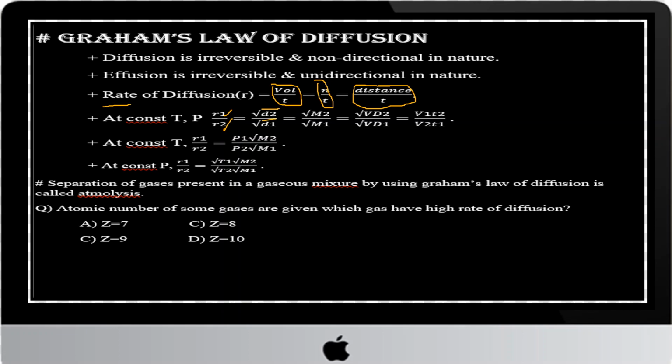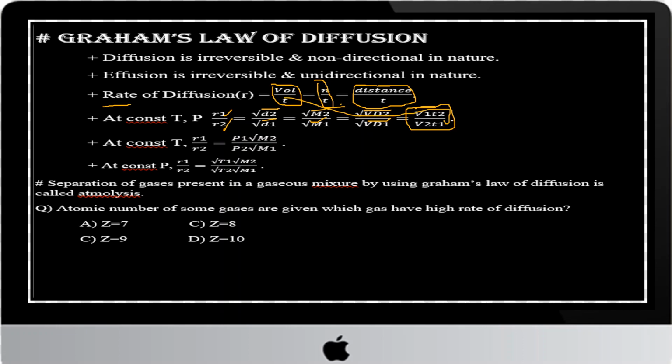Finally, root d2 by d1, or root over M2 by root over M1, or root over M2 by M1, root over VD2 by VD1, meaning vapor density 2 by vapor density 1, or V1 T2 by V2 T1.